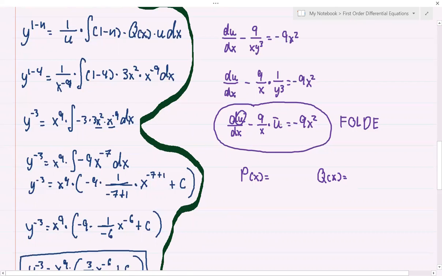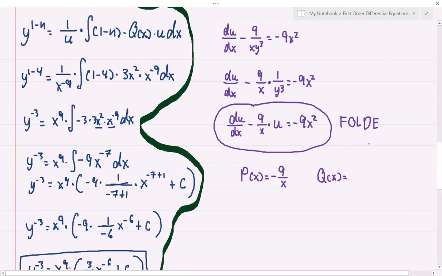Since your u is your dependent variable and we have a function of x, which is negative 9 over x, partnered with your u variable, therefore your p of x is negative 9 all over x. Again, since u is the dependent variable, the function of x that is partnered with it is your p of x. That's how you find your p of x.